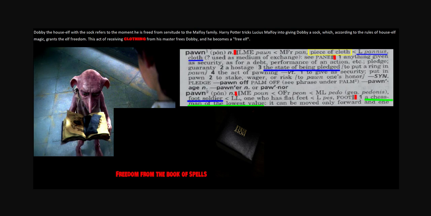Because remember, etymology is the study of cultures. In particular, the words of cultures. How various cultures and their multiple languages utilize them in their everyday behaviors.